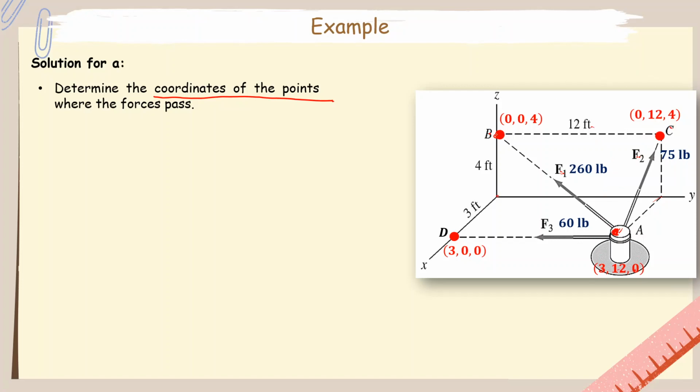How about B? Point B, 0 ang x, 0 ang y, positive 4. How about point C? Point C, 0 ang x, 12 ang y, and 4 ang z. Ang D naman, 3 ang x, y is 0, z is 0.